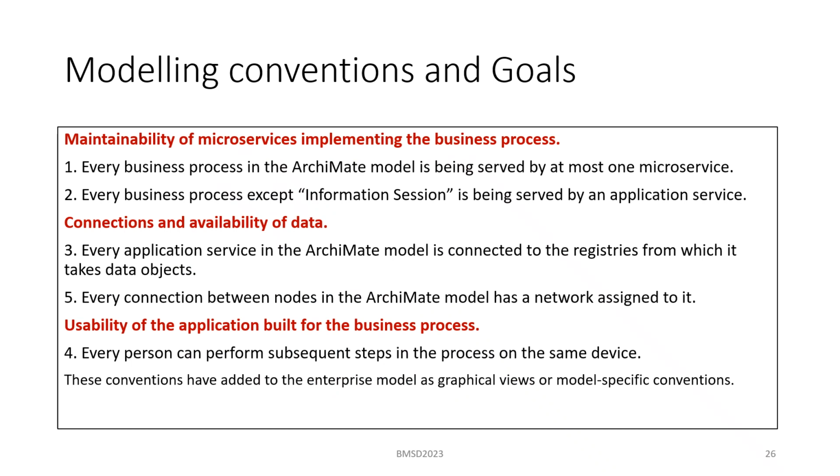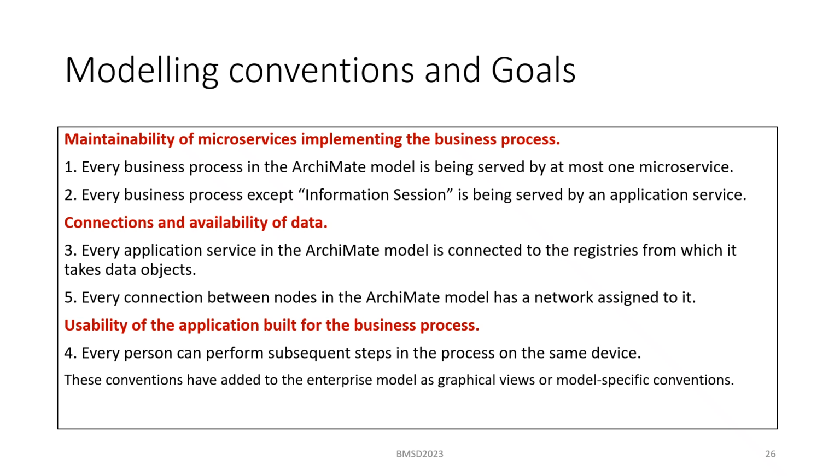The process of modeling can continue. It collects the modeling conventions that have been used, and they can be analyzed. For example, our 5 conventions can be placed into 3 groups, corresponding to different goals. Conventions 1 and 2 refine the maintainability of services.